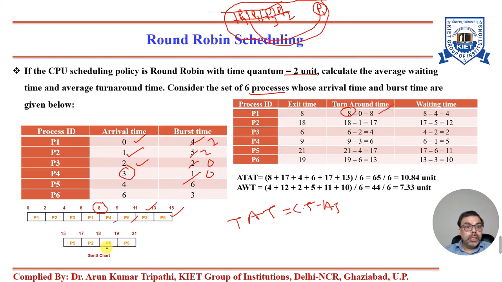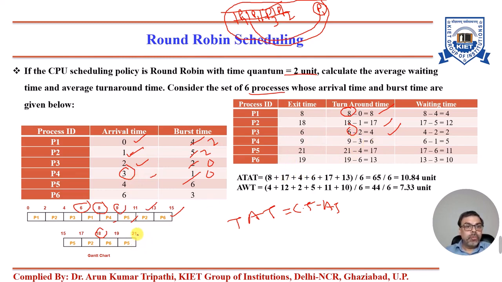For process P2, P2 completes at 18 and its arrival time is 1. So it is 17. For process P3, exit time is 6 and arrival time is 2. So it is 4. For process P4, exit is 9 and its arrival time is 3. So 9 minus 3 is equal to 6.